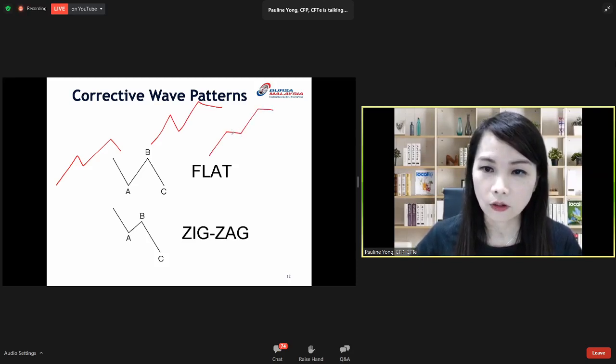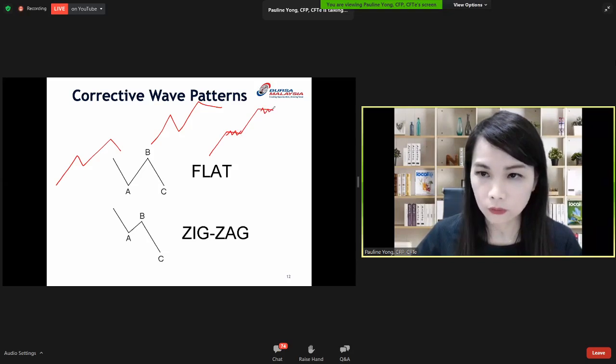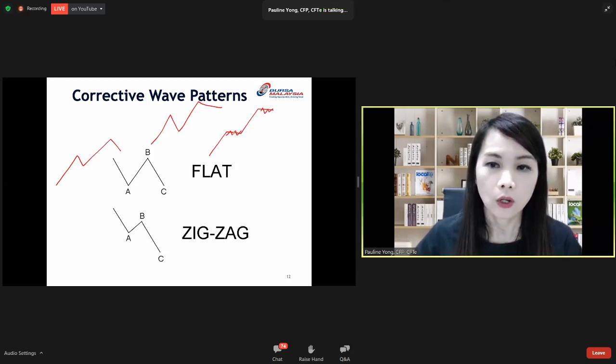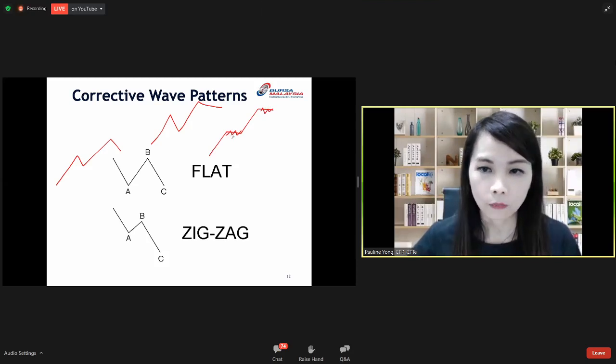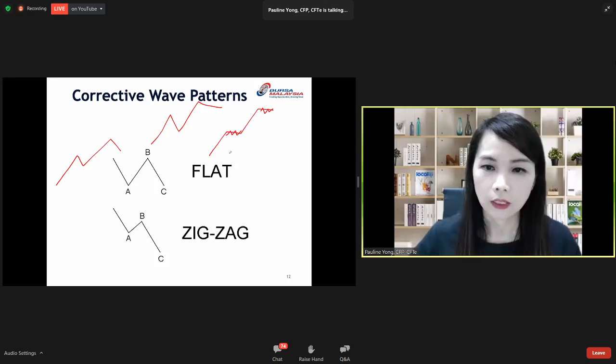Within this horizontal, you are looking at this kind of trend. I just want to show that it is horizontal, but the trend is actually a zigzag inside. Whenever you see a horizontal correction, we call it a flat.